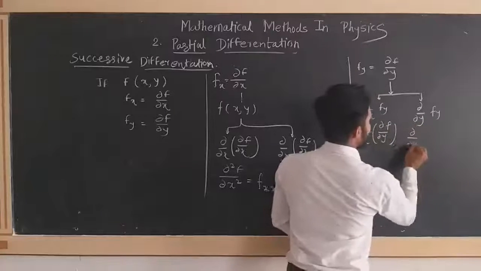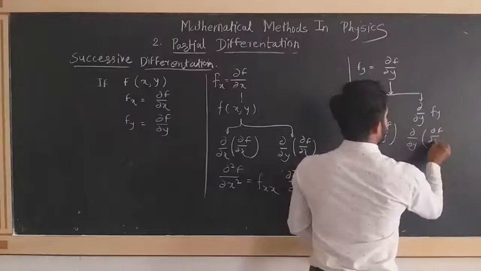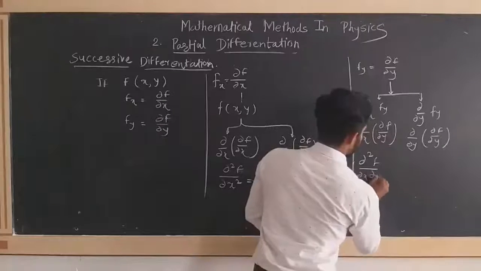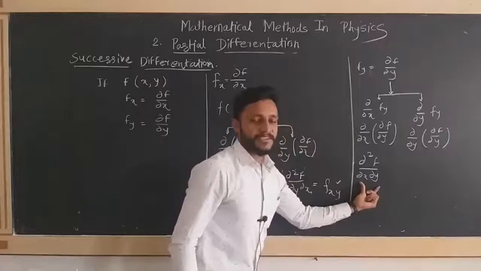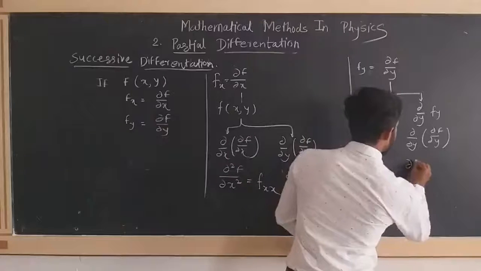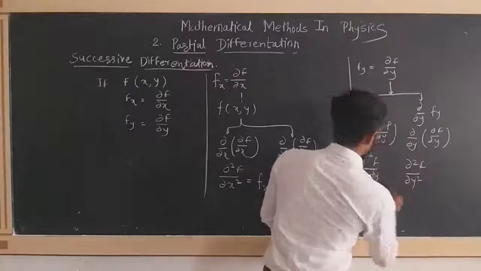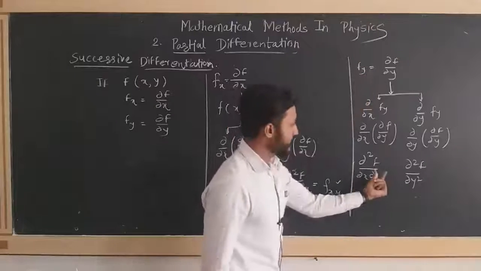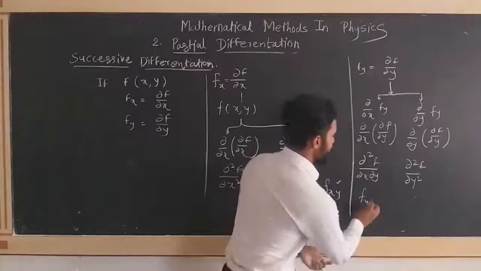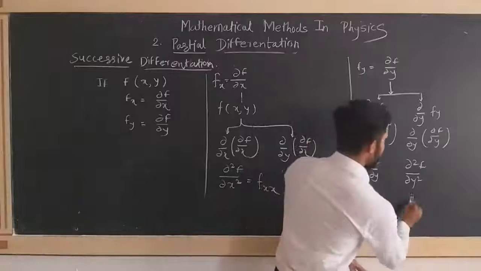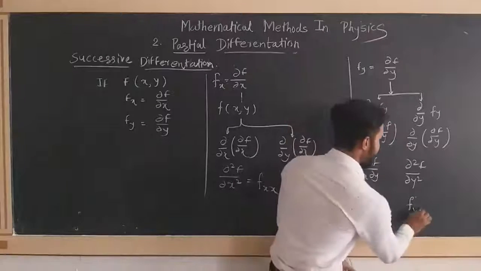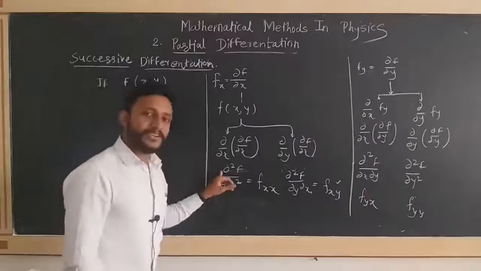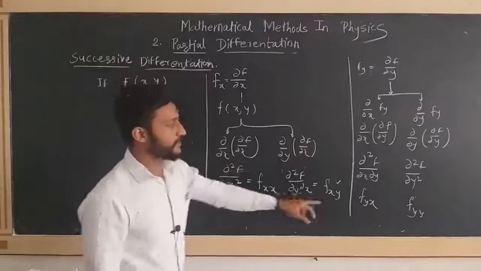So I can write here ∂/∂y of ∂f/∂y. Finally we can write ∂²f/∂x∂y. This is called mixed partial differentiation, and ∂²f/∂y². So this term fy is a function of x, and here fy is a function of y.